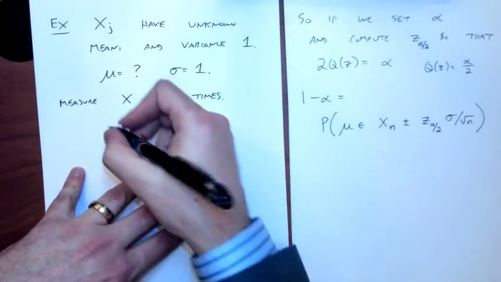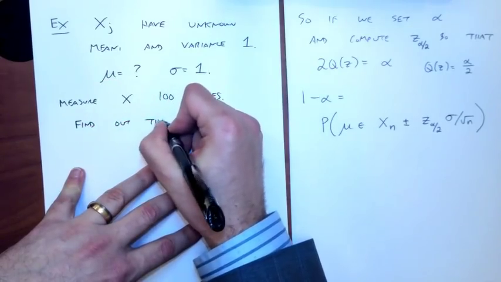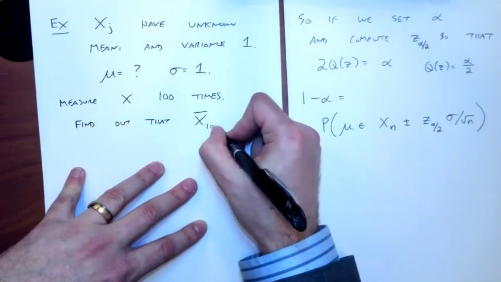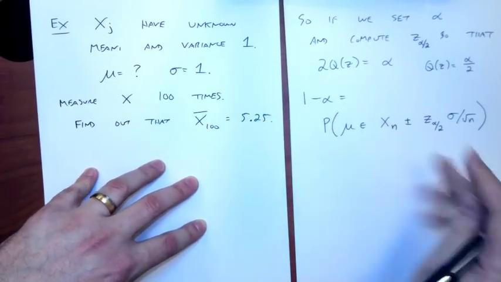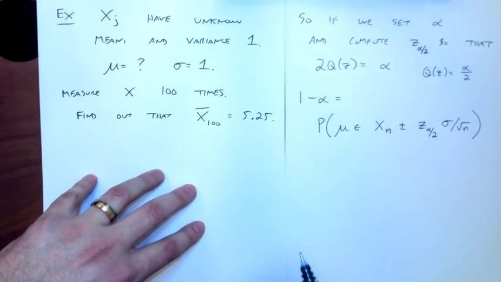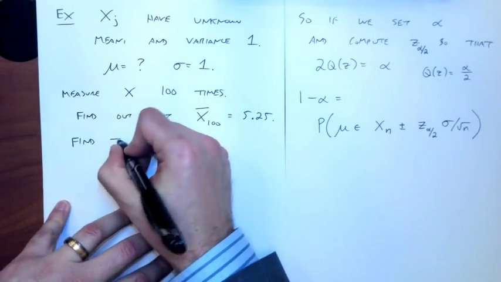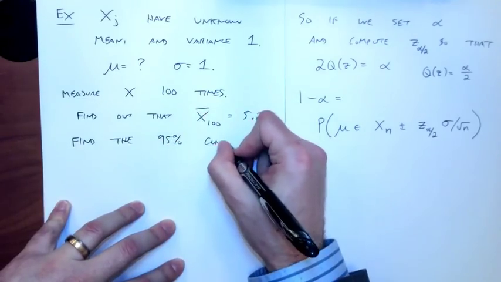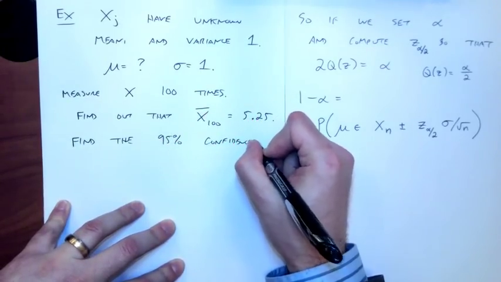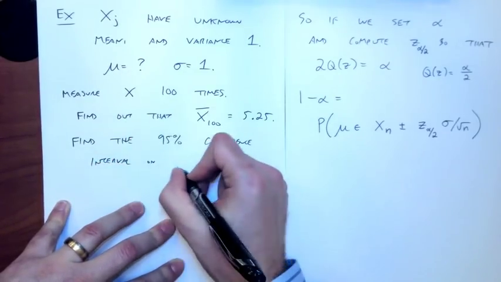And what do I find? I find that the average x that I got of these 100 times was 5.25. That's a number I got from actually doing experiments, right? Find the 95% confidence interval on the mean.